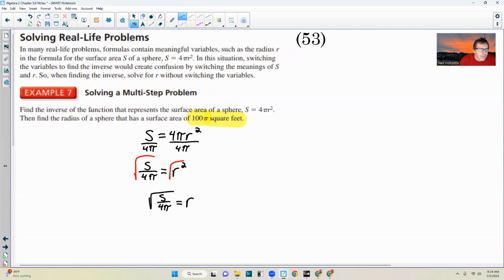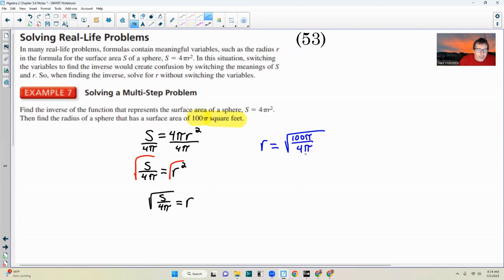Okay, so now it says find the radius of the sphere that has a surface area of 100 pi. Remember S is surface area. Surface area is right here. So now I'm going to write r equals the square root of, and now I'm going to substitute S in for 100 pi. 100 pi divided by 4 pi equals r.